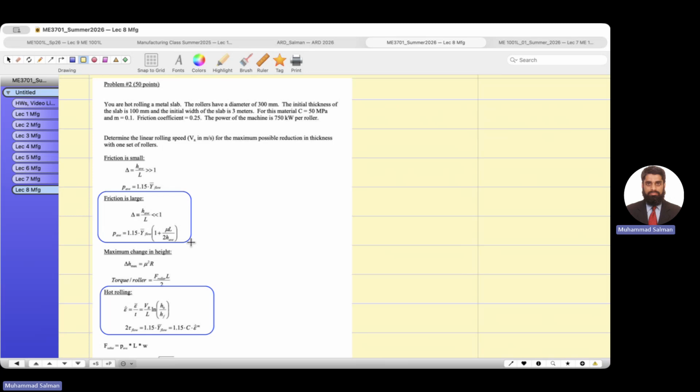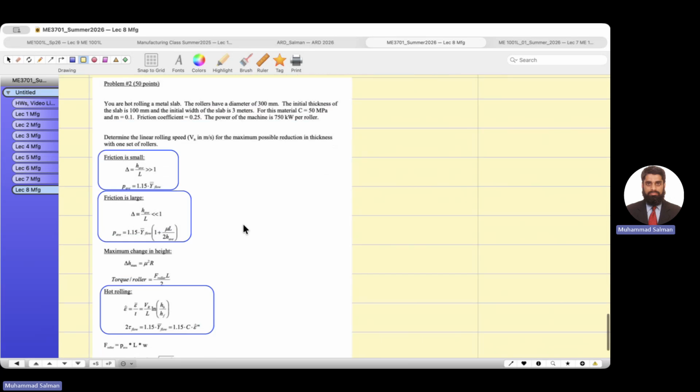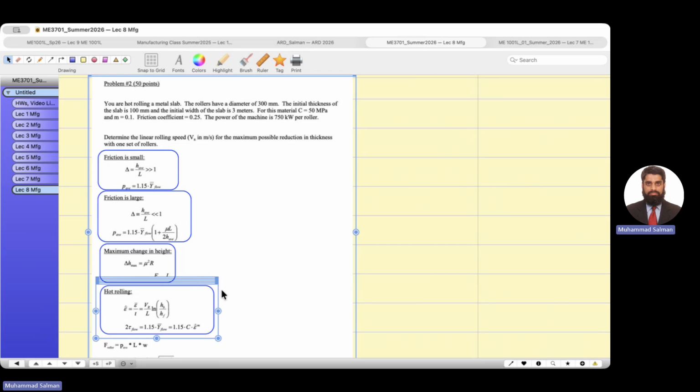Larger contact means large friction, smaller contact means small friction. When small friction, you will use this formula. You see this, and maximum change in the height is this formula. So we have all the formula available for us to solve this problem. You understand this problem? Okay.